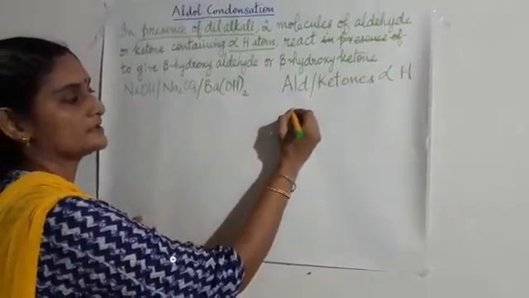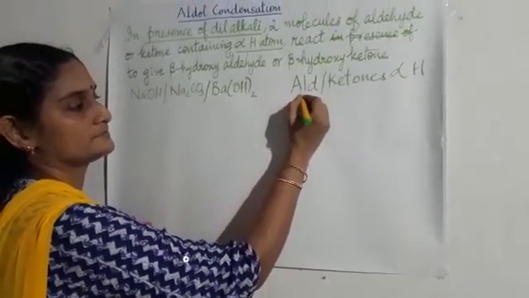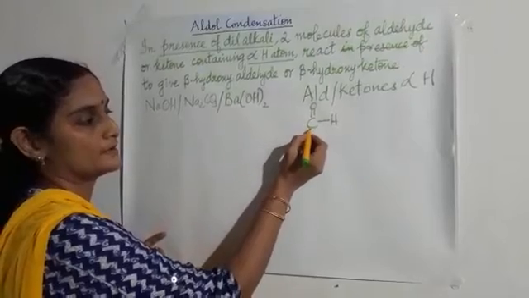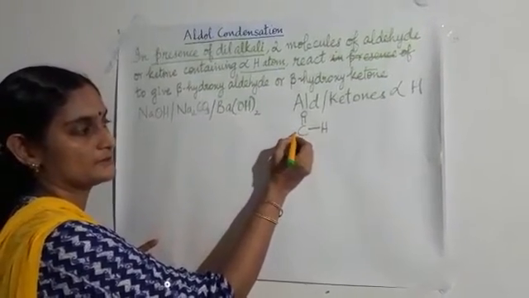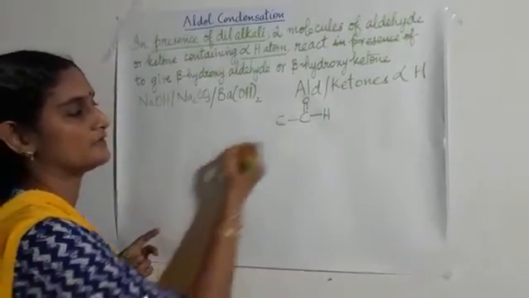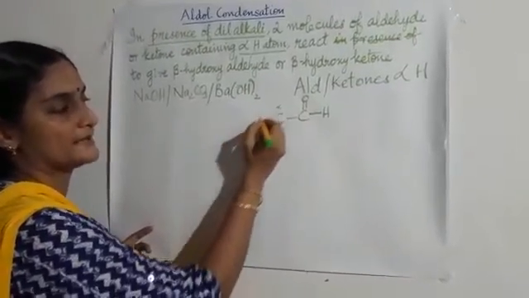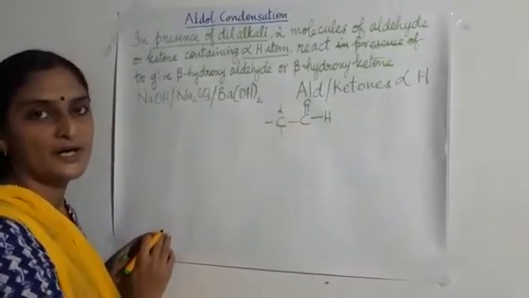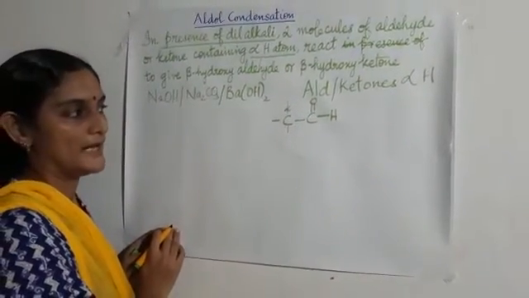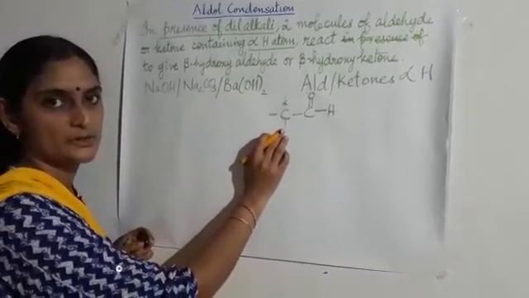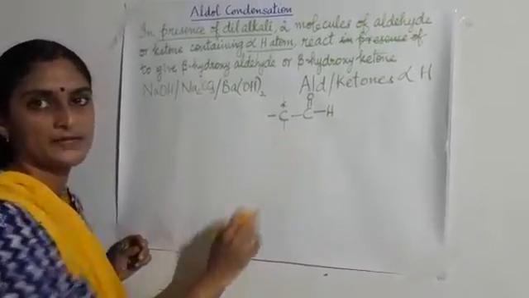Now if we consider the carbonyl carbon or the carbonyl group, this is the carbonyl carbon. The carbon adjacent to the carbonyl carbon is alpha carbon, and the hydrogen present on this carbon is alpha hydrogen. So aldehydes and ketones with alpha hydrogen will undergo aldol condensation.